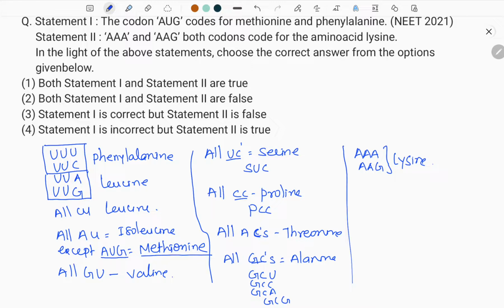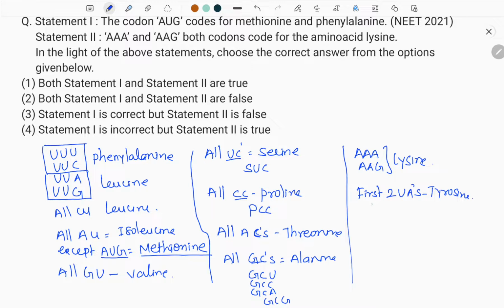And there are some amino acids for which only 2 codons are there, which need to be remembered very carefully. Remaining all are same. For example, the first two UAs code for tyrosine.